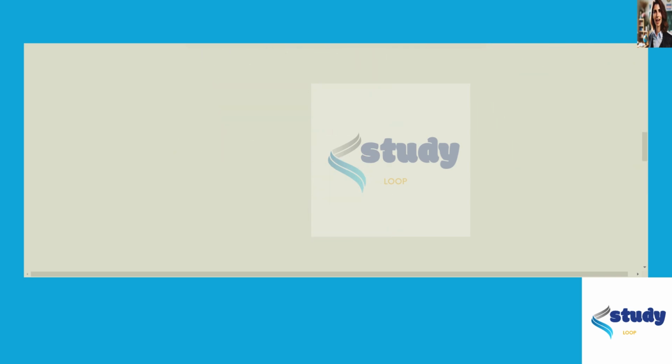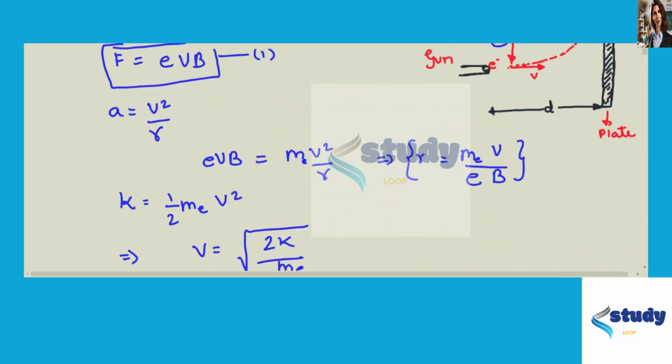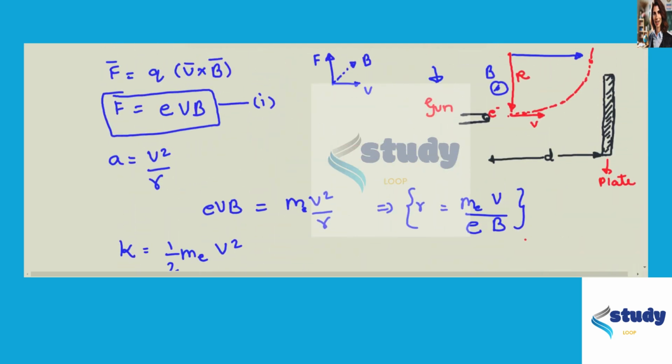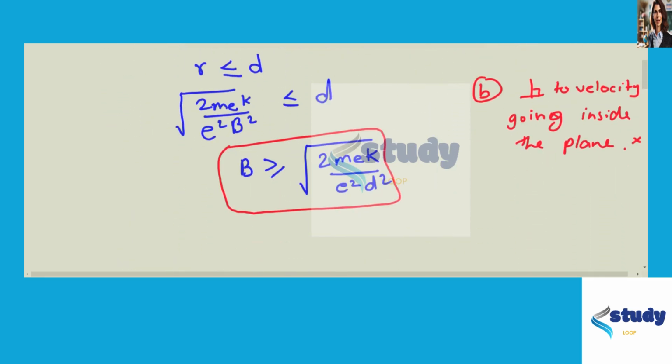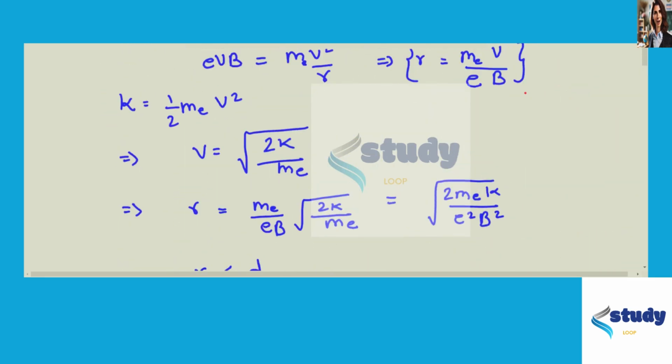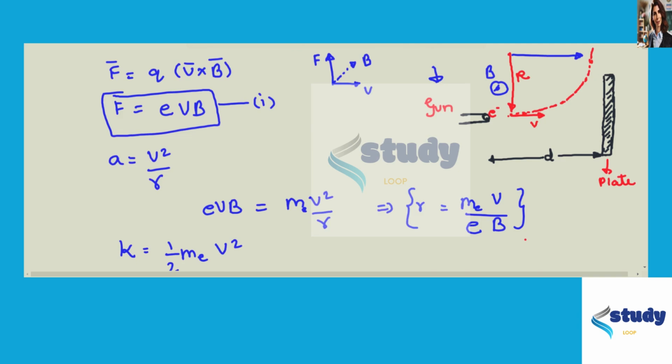So the direction of the magnetic field will be going inside the plane.